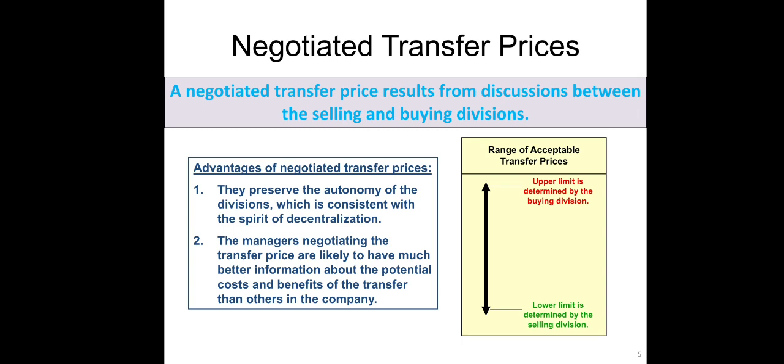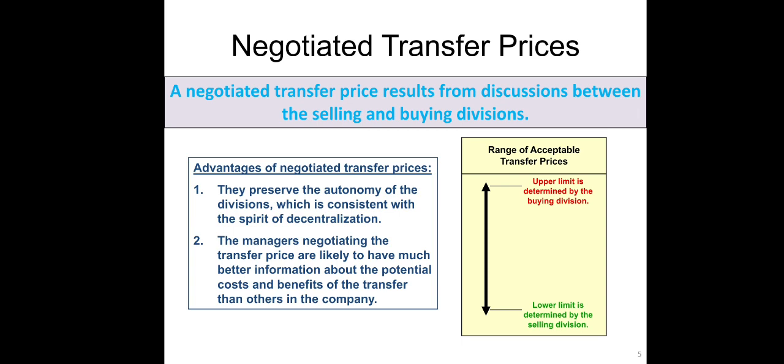So if these two segments use the negotiation method, it means that the manager of the compressor segment will negotiate with the manager of the air condition segment, and they will negotiate until they agree on a specific price.